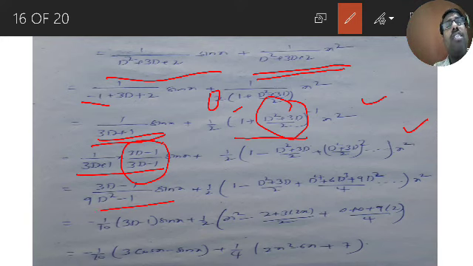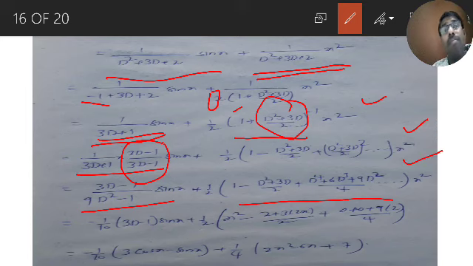Then this is the step: (3D minus 1) by (9D square minus 1) of sin x, plus 1 by 2 [1 minus (D square plus 3D by 2) plus (D square plus 3D by 2) whole square]. Using (a plus b) whole square: D square whole square is D power 4, 2ab means 2 into 3D into D square, 6D cube, plus (3D) whole square means 9D square by 2, and 2 whole square means 4. You get this.